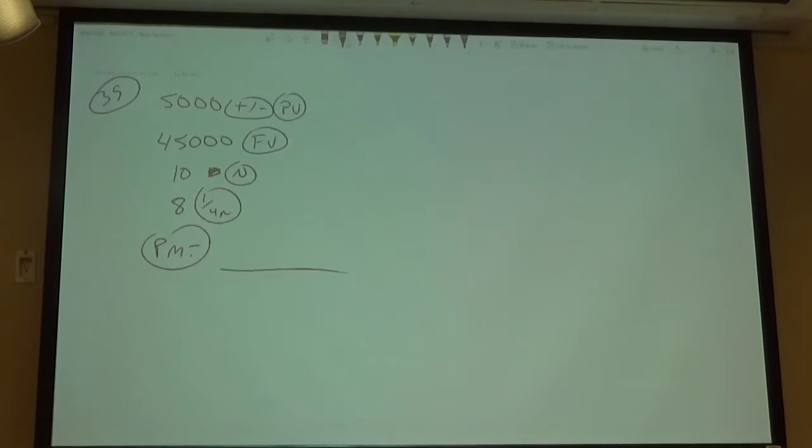Okay, so with this one, once again, annual compounding. So we're gonna start off with 5,000 in the account as our present value. We want to accumulate 45,000 as our future value after 10 years. And 8% interest. And we are simply gonna be solving for what is the payment that we need to make each of the next 10 years to accomplish that goal.